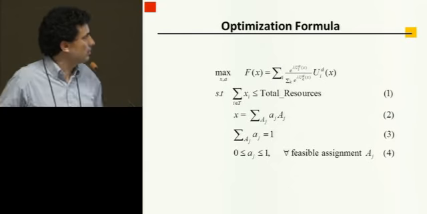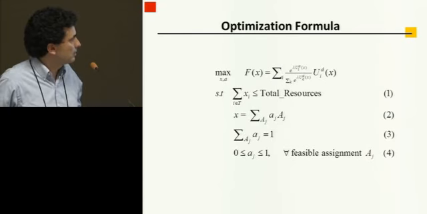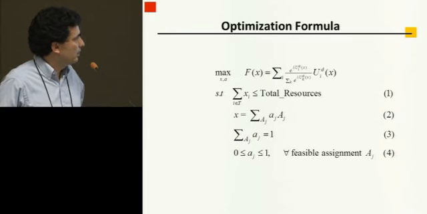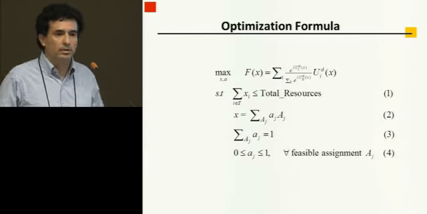So we're maximizing the leader's expected utility, and we're selecting with probability a_j the patrol pattern j. That gives, when you sum it up, a certain coverage probability over different targets, which feeds into the utilities.